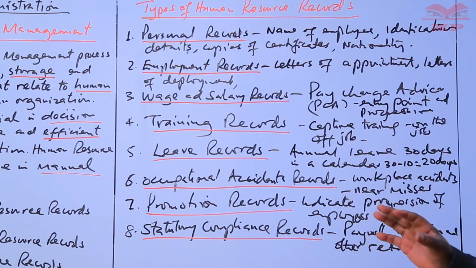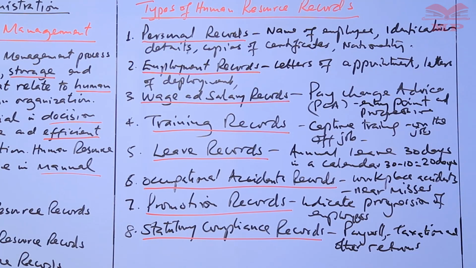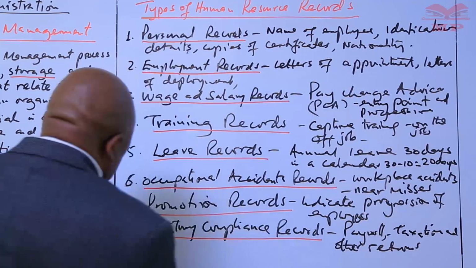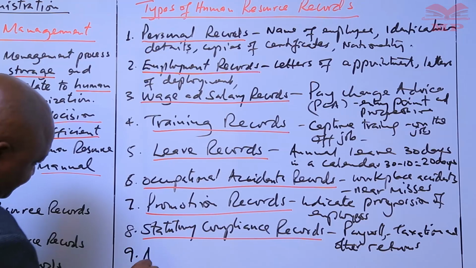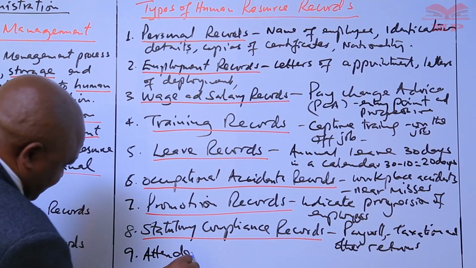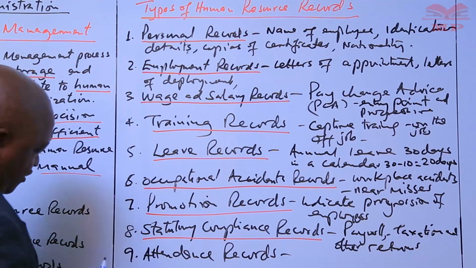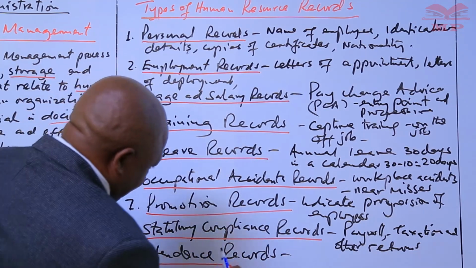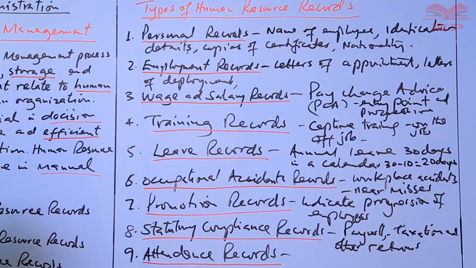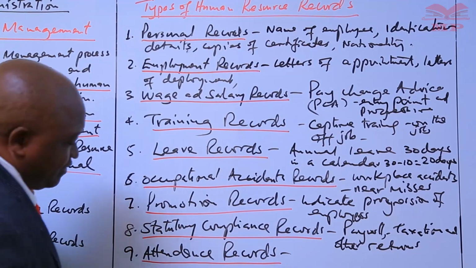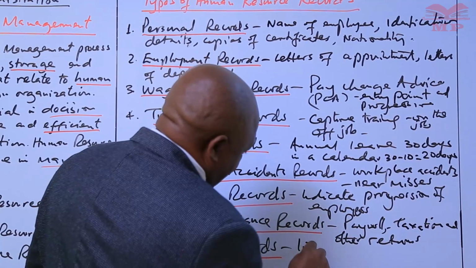And it is also important to note that when it comes to the working environment, attendance is very key. Attendance records. Now, when it comes to decision making, for example, issues relating to pay, employees are paid in terms of time worked.